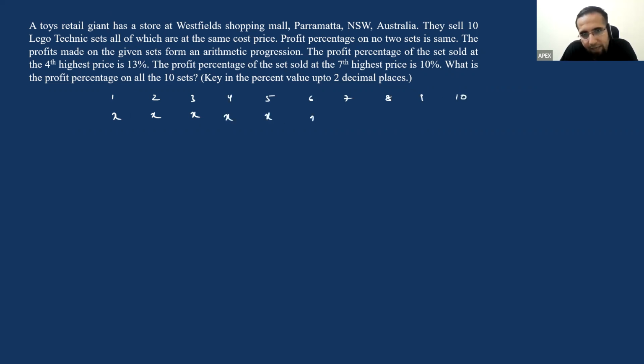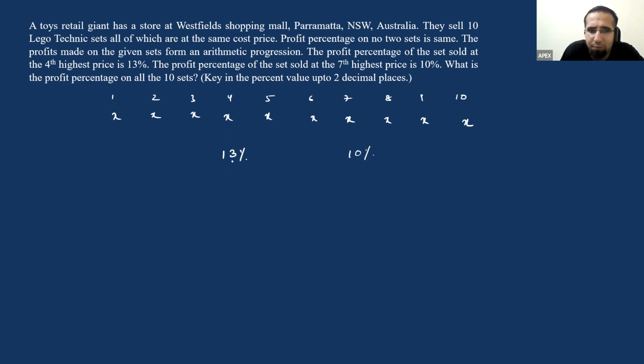So I write X for each. No two sets have the same profit percentage. The profits made on the given sets form an arithmetic progression. Let me go along these lines: the highest, second highest, third highest, and the fourth highest. The fourth highest is 13 percentage. The fifth, sixth, and seventh highest is 10 percentage.